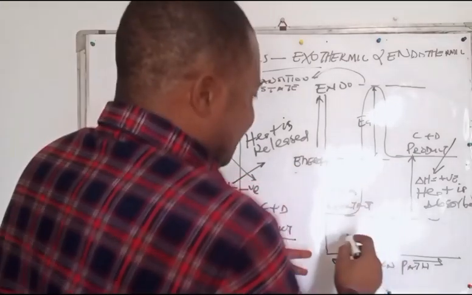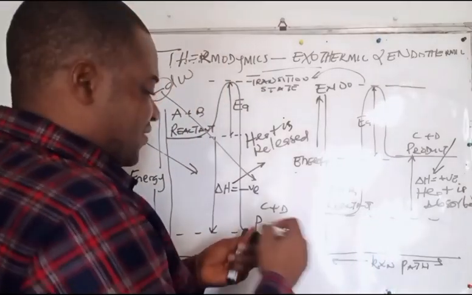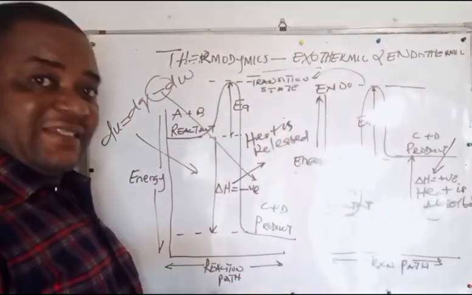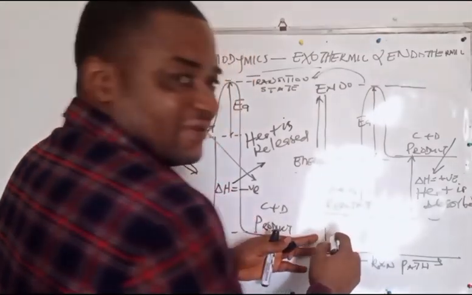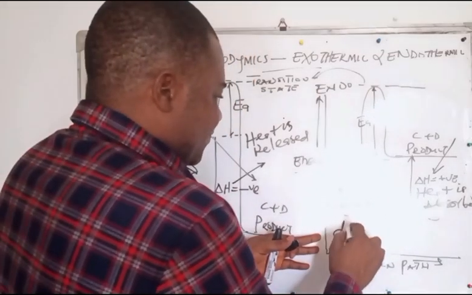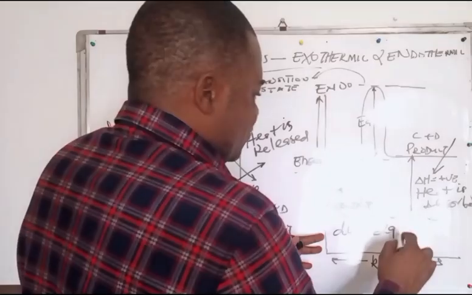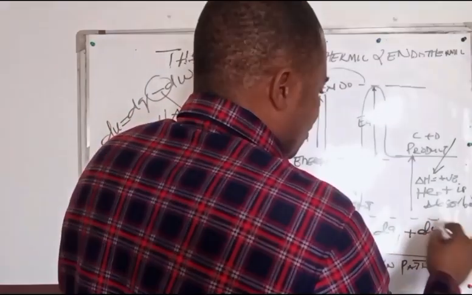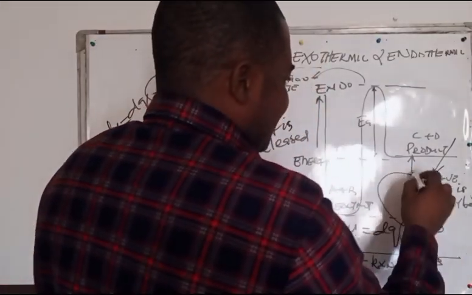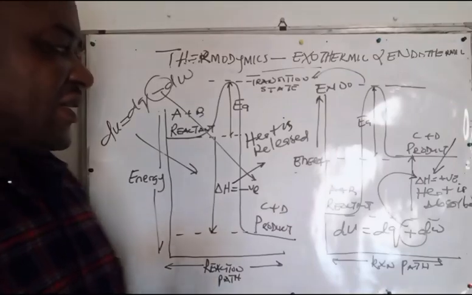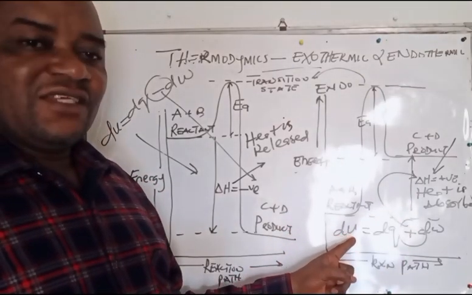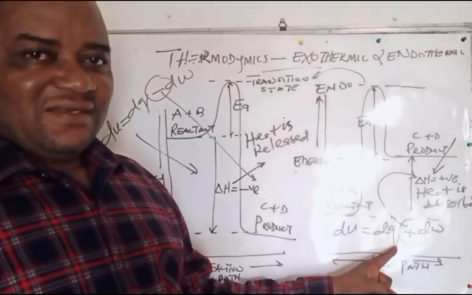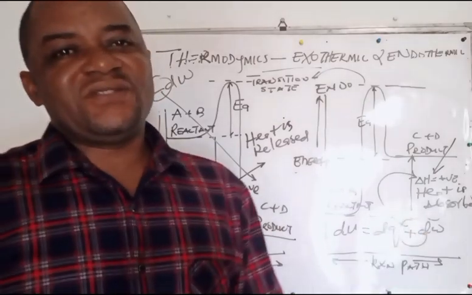But if it is an endothermic reaction where work is done by the environment on the system, the system gains energy. So the thermodynamic equation will now become dU is equal to dQ plus dW. Look at the plus attached to this to show you that work is done by the environment on the system. This is internal energy U, this is heat Q, and this is W, work done.